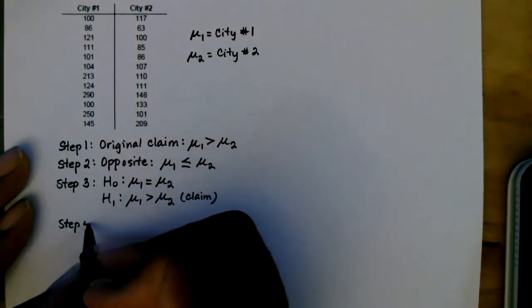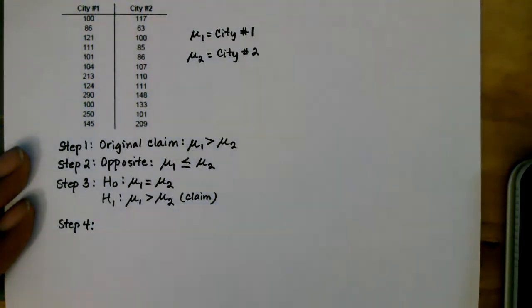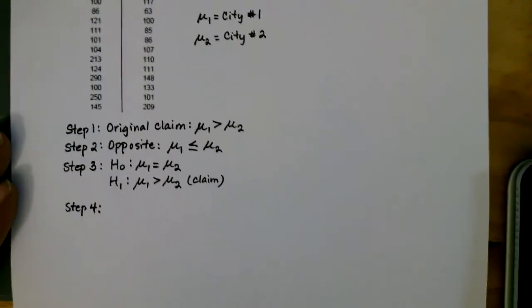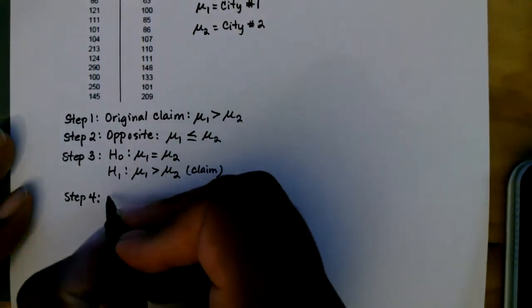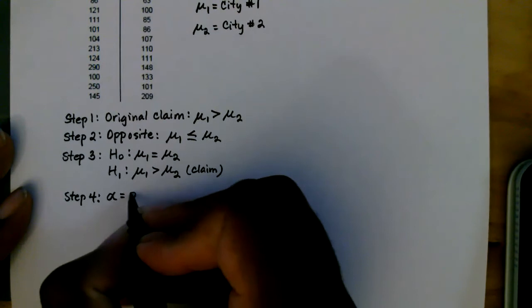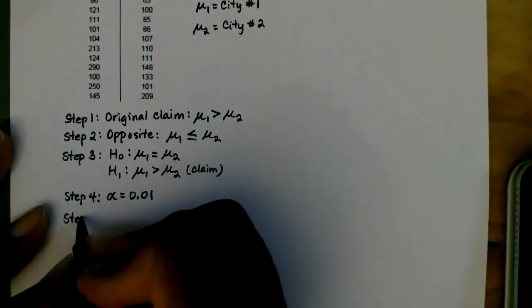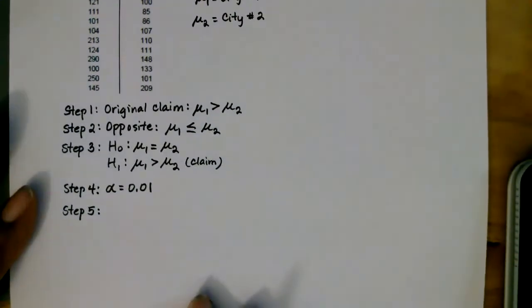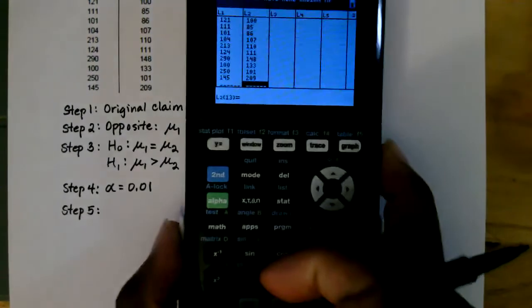And then step number 4 is the level of significance. And that problem does say use a 0.01 significance level. And here's how we're going to calculate the test statistic from this raw data. So I'm going to pull the calculator back up here.